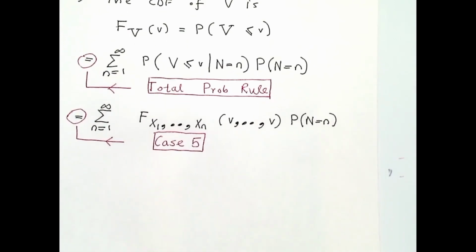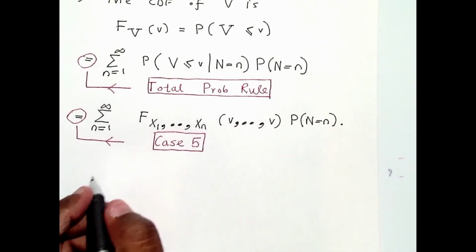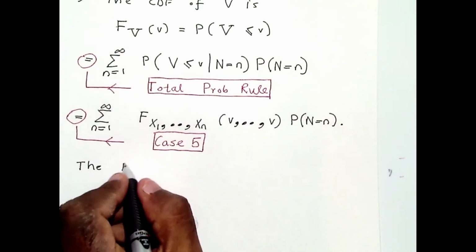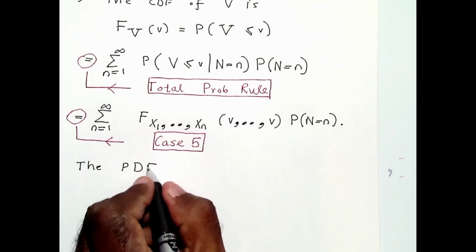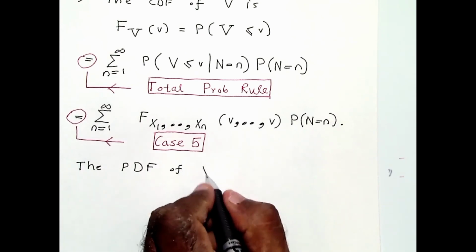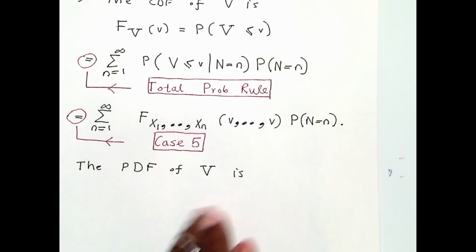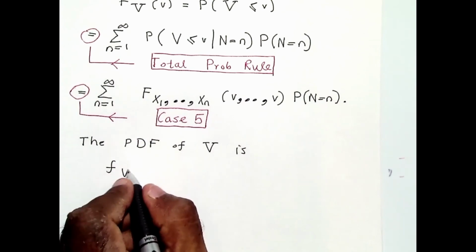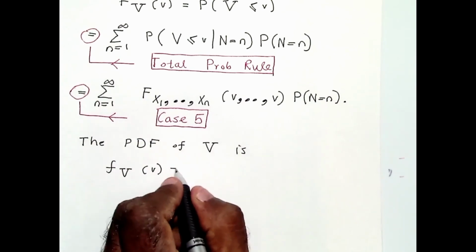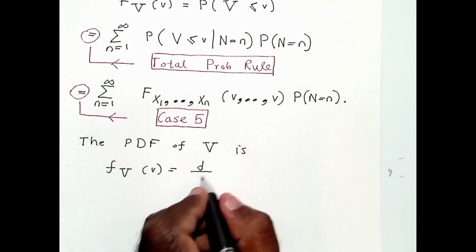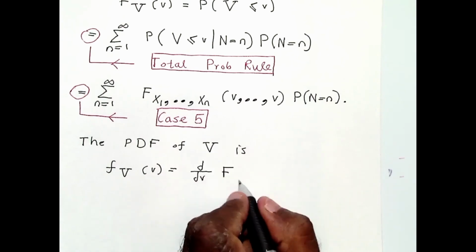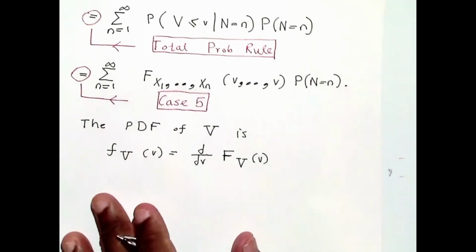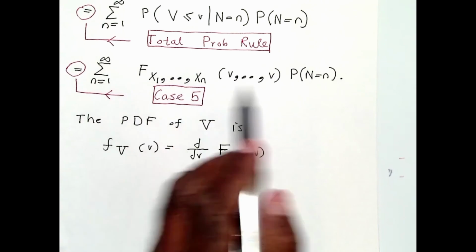Right. All right. Now, finally, the PDF of V is the derivative of the CDF. So you should differentiate this.